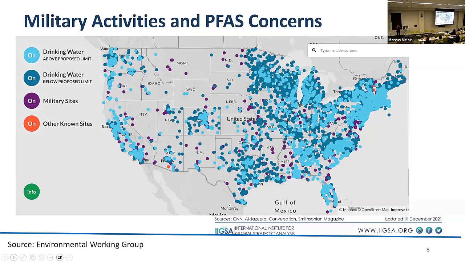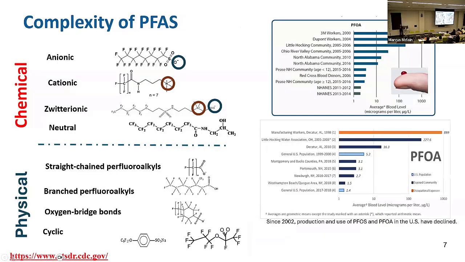And the dark ones are below that proposed PFAS limit. The purple color shows the military sites, and the orange shows the other sites. So it's really important to design a method, a technique, to detect these chemicals or remove them from our environment.